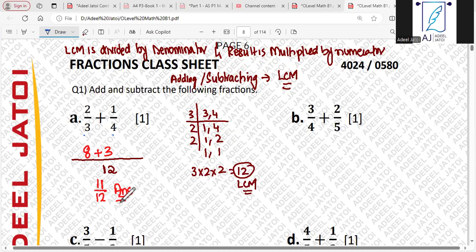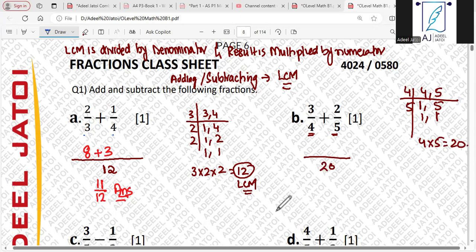Let's solve part B here. 4 and 5 are the two denominator values. We take the LCM of 4 and 5. 4 ones are 4, 5 is remaining. So 4 into 5 is 20.